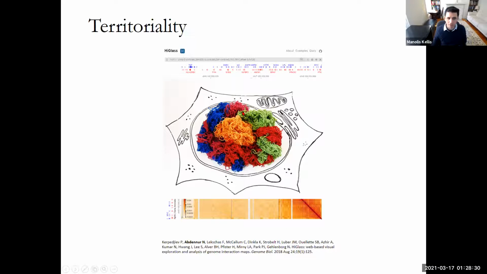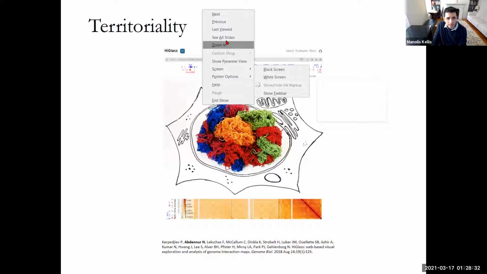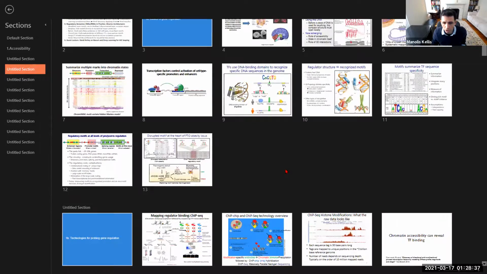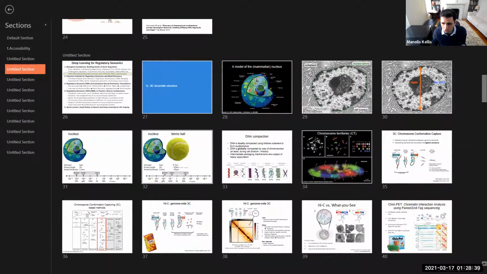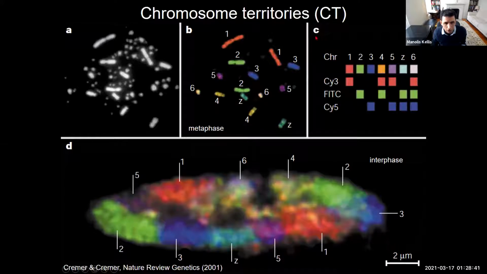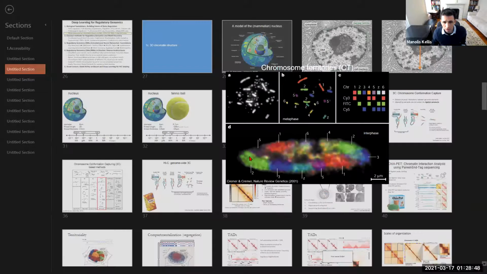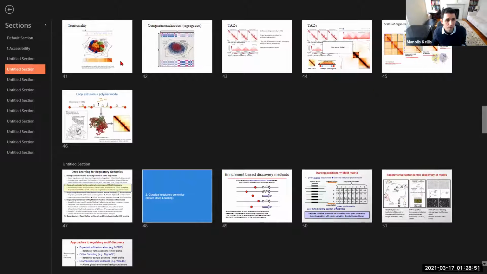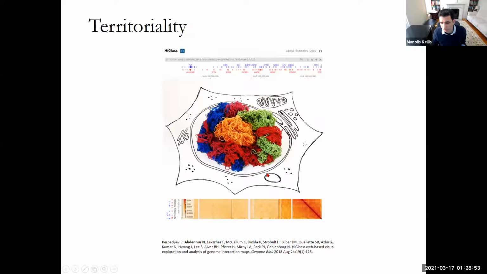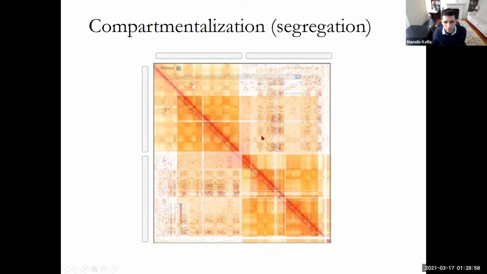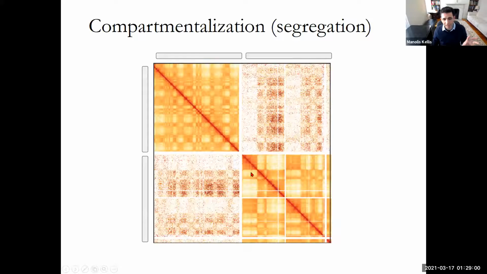So this is very similar to the picture that we had seen very early on, when the different chromosomes were labeled and stained, where you could see that each of these chromosomes was in fact occupying its own territory. And that's what we're starting to see now again, but now at the resolution of base pairs, very, very high resolution.